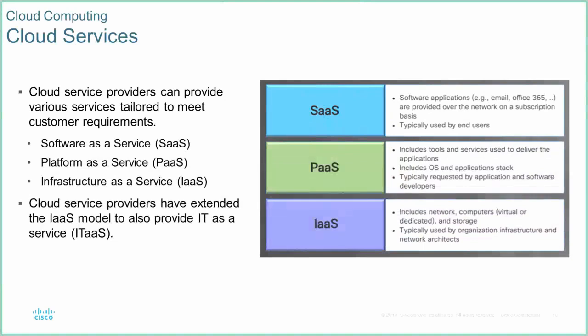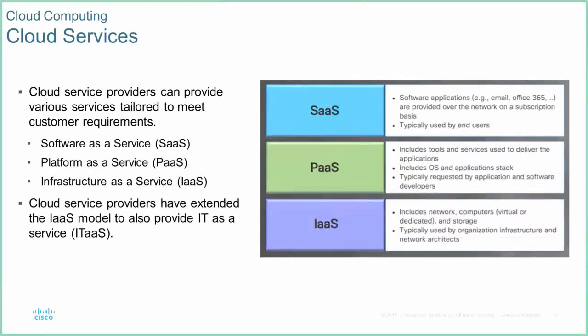The bottom one can also be extended to be all of IT as a service, basically, which some departments, some businesses might outsource all of their basic requirements to an infrastructure service provider.